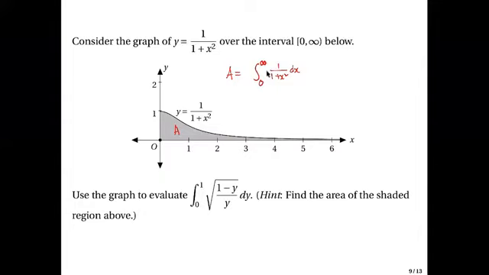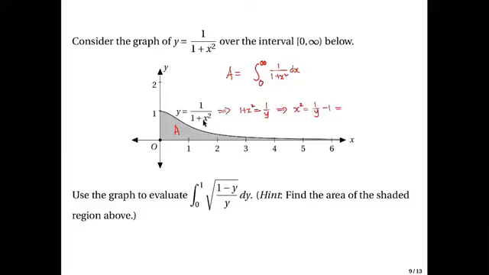So this integral, we can transform into this integral actually. And in order to see that, from y equals 1 over 1 plus x squared, we just have 1 plus x squared equals 1 over y, which means that we have x squared equals 1 over y minus 1.